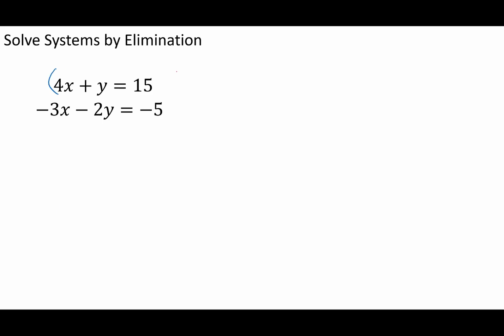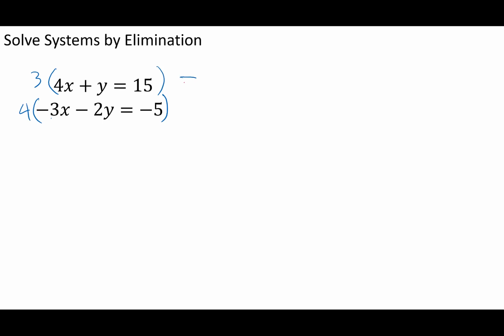So I'm going to multiply the top by the coefficient of x in the bottom. And I'm going to make this one positive since they're already opposite signs. And then I'm going to multiply the bottom by the coefficient of the top. I'm just eliminating x. I could eliminate y as well.